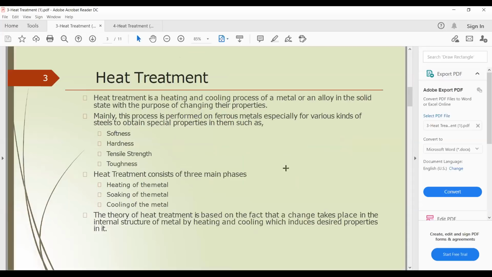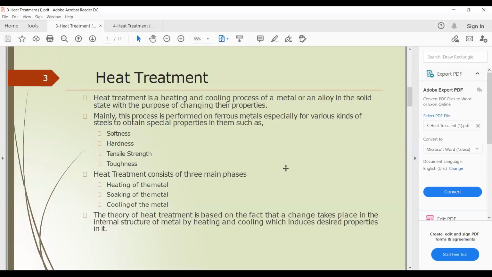Okay, so normally heat treatment is, we just discussed, heat treatment is a process using heat. You are doing a treatment using heat. That's simple thing, right? You are doing a treatment to the metals using heat.